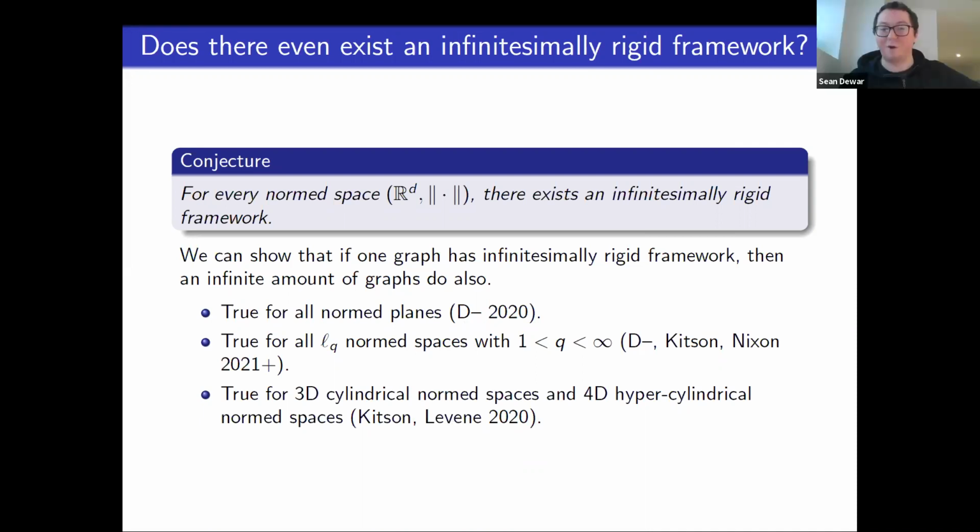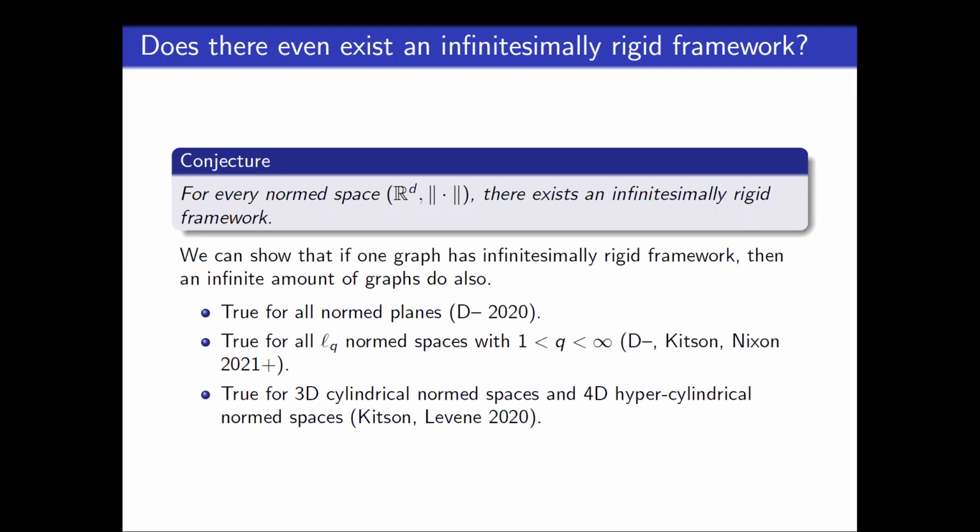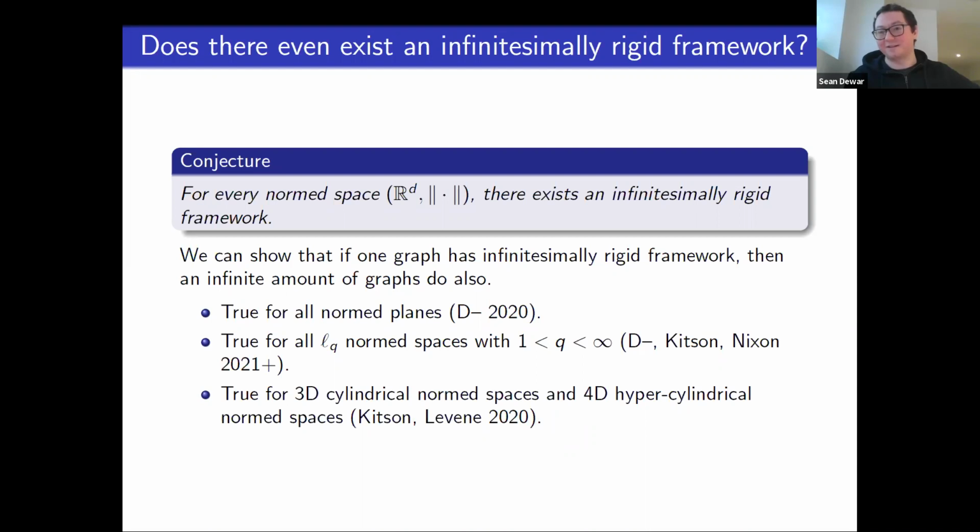This is an open problem that needs fixing, really, to be completely honest. Oh, I see. So you're saying that if you can find it for one number, then you can use the zero extension or something like that and get it for all the other numbers. It is exactly the zero extension, yes. You can throw in the other edges if you want, but we just want to show that there's an infinite list of graphs that are infinitesimally rigid.